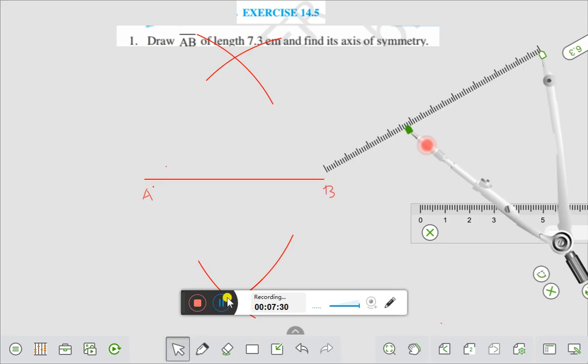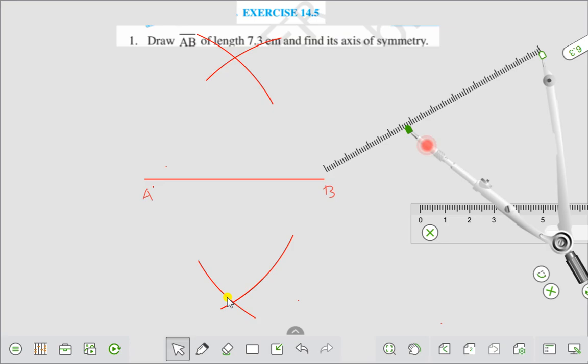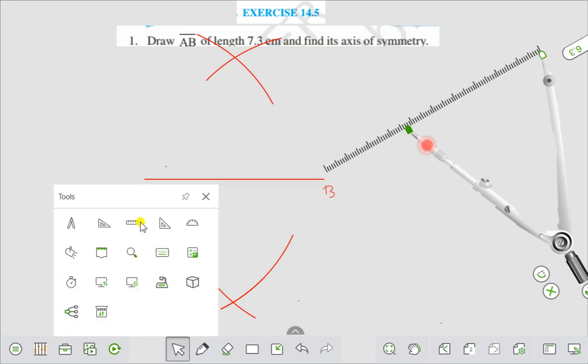That we got 2 points. We got 2 points here. Then you have to join this point with this point to get the axis of symmetry. Let us take the scale. Let us take the ruler.